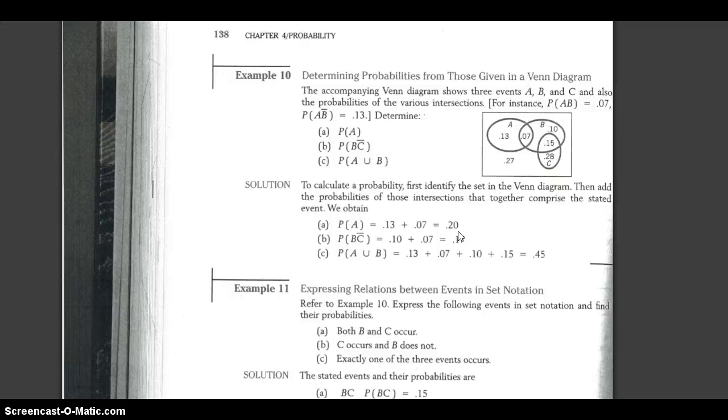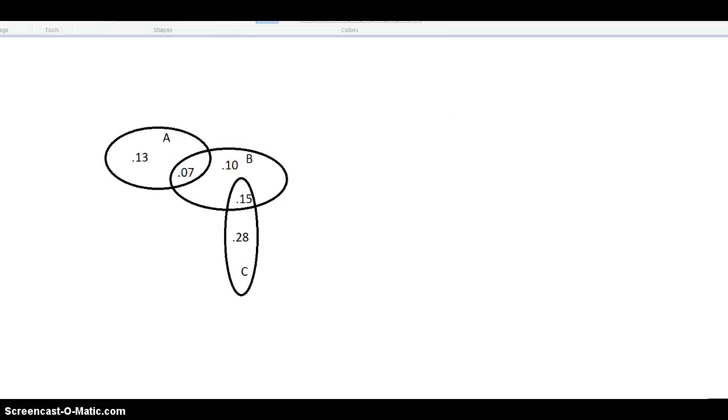And part B, we want to find the probability of B, C bar. We know C bar represents the part not in C. If there's no symbol between these two letters, it means the intersection. So if we look at the picture, here I'm going to show you another picture so I can draw in here.